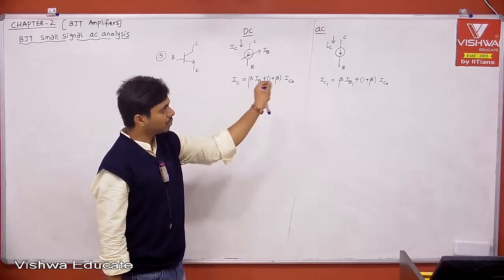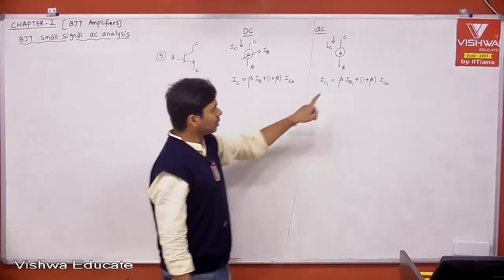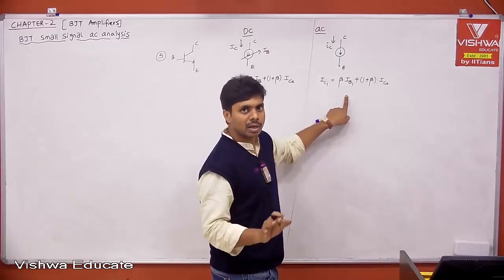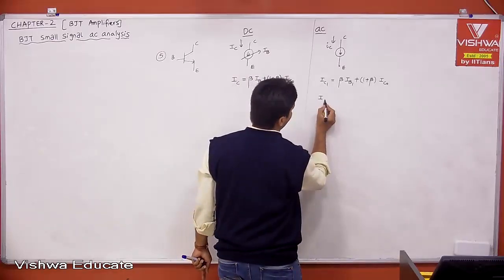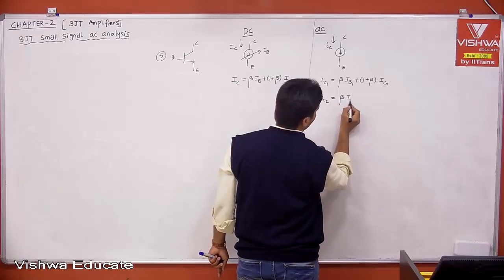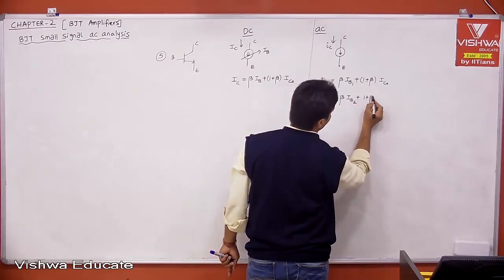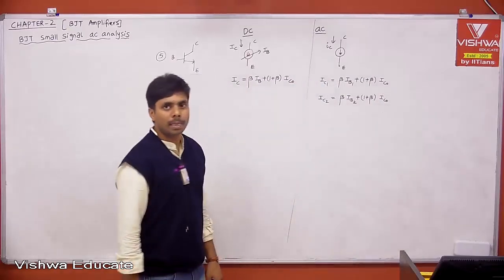Point to point, static current to static current, DC current to DC current. But we know that this IB1 becomes IB2 with some time, it is a change. Then your IC1 will become IC2. Then IC2 is equal to beta into IB2 plus (1 plus beta) into ICO.